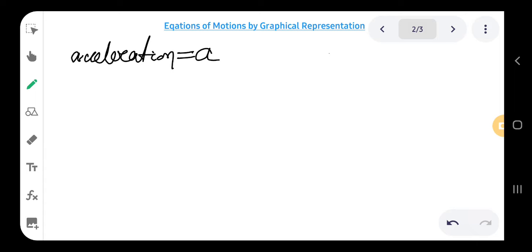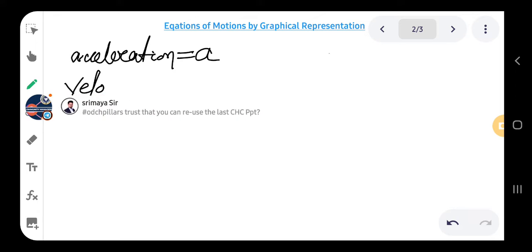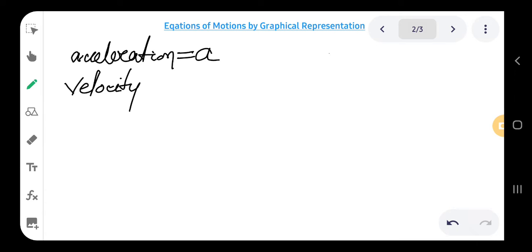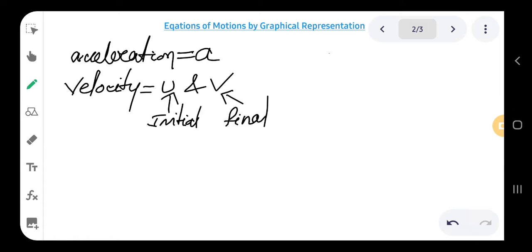Velocity is denoted by u and v, where u is our initial velocity and v is our final velocity, as you already know. Then you have to consider time, that is t.